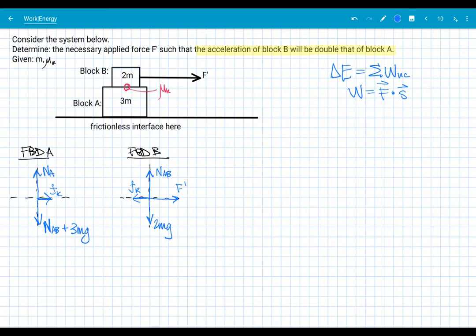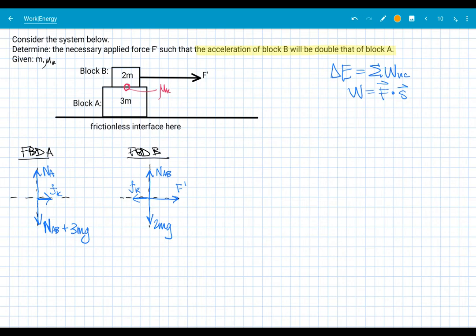So that might be a little bit more intuitive for you. Looking at the free body diagram for A might be less intuitive, but I also really wanted to give you a scenario where the force of kinetic friction does positive work, because I encounter students that don't think that's possible, and it totally is. And this is an example of how it can be possible.